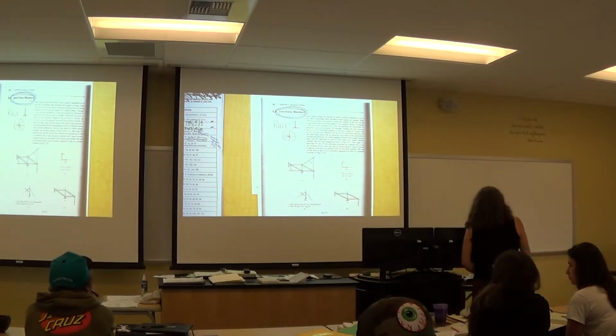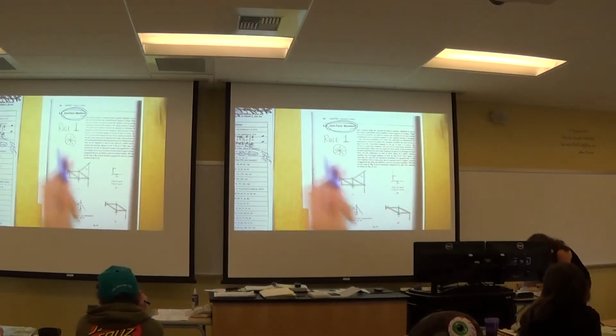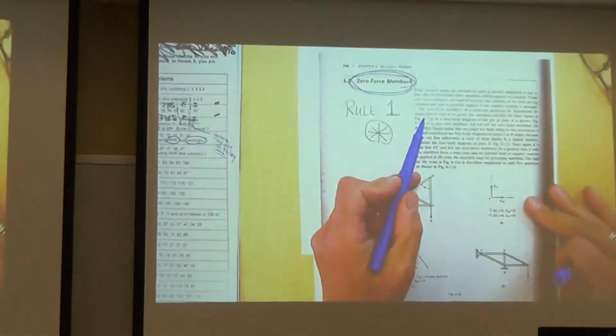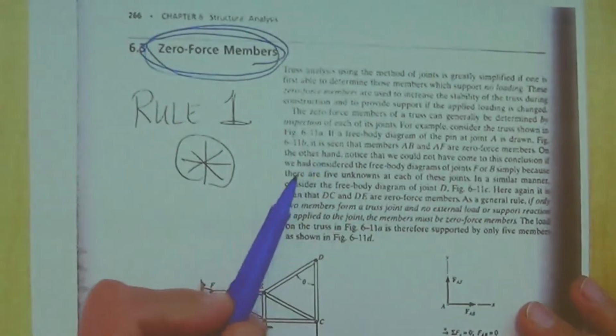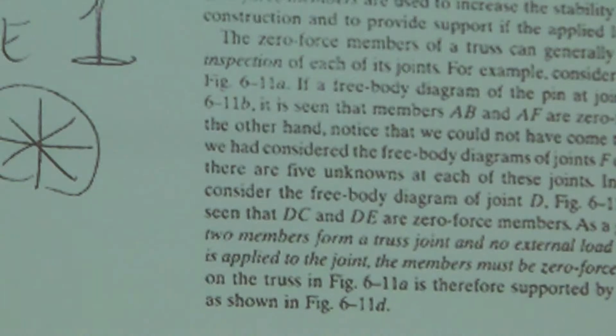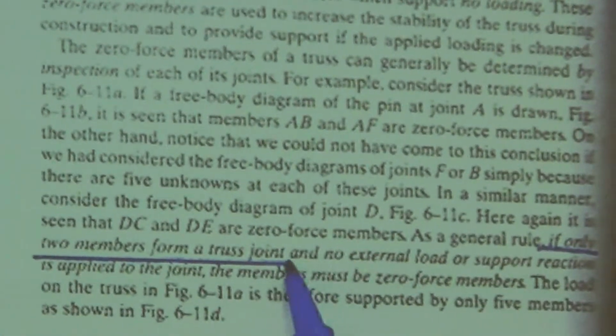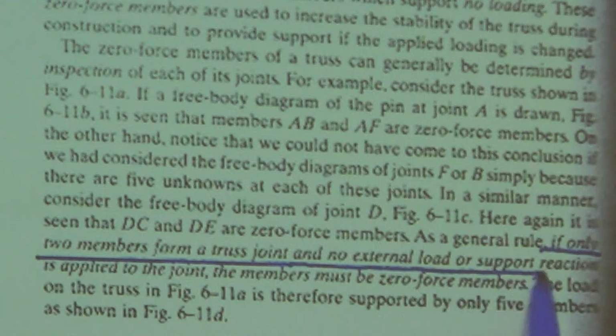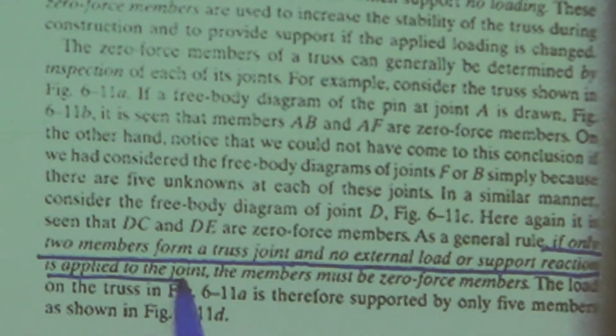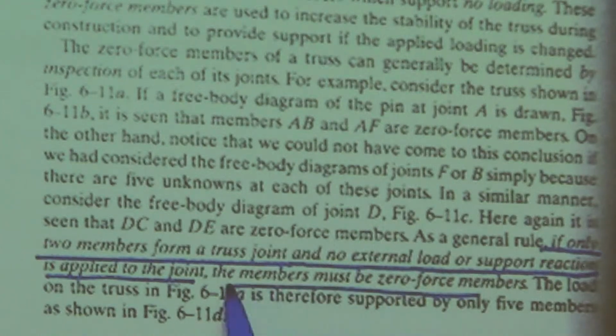So rule number 1 says, if only two members form a truss joint and there is no external load or support reaction at that joint, the member is zero.